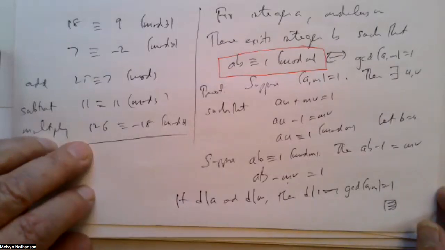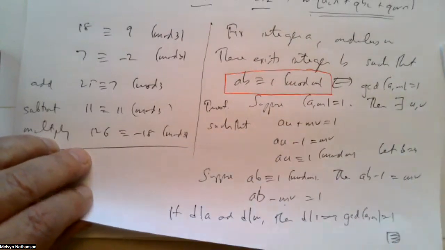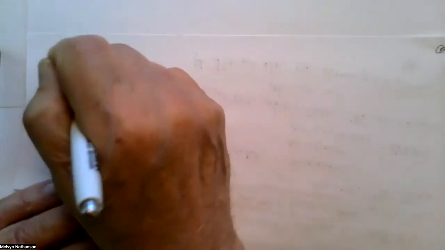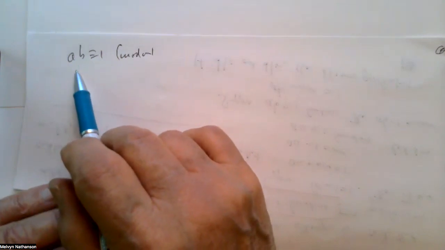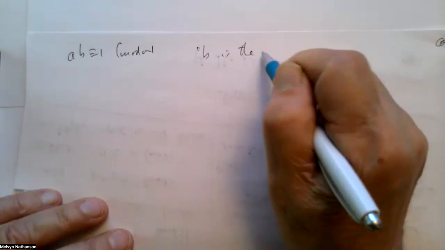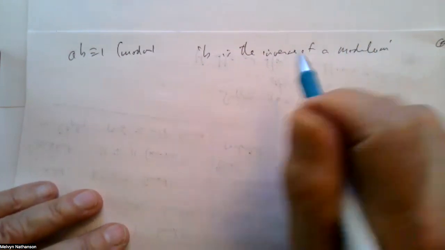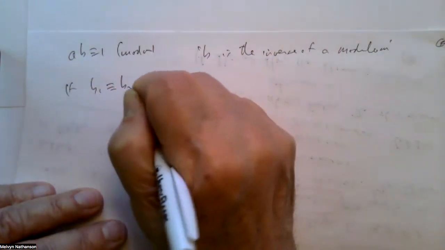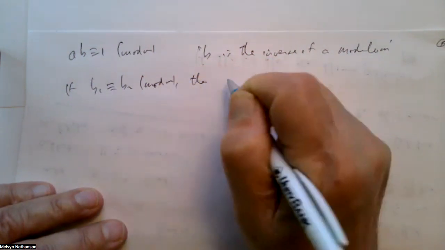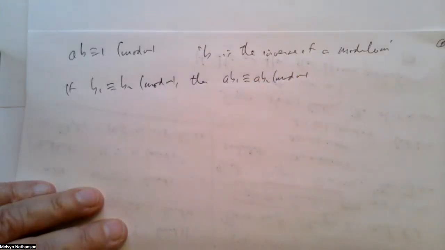Moreover, there's a kind of uniqueness involved. So we're looking at this congruence, AB congruent to 1 mod M. It's sort of like saying that B is 1 over A. B is the inverse of A modulo M. And we know that if B1 is congruent to B2 mod M, then AB1 is congruent to AB2 mod M, because you can multiply congruences.